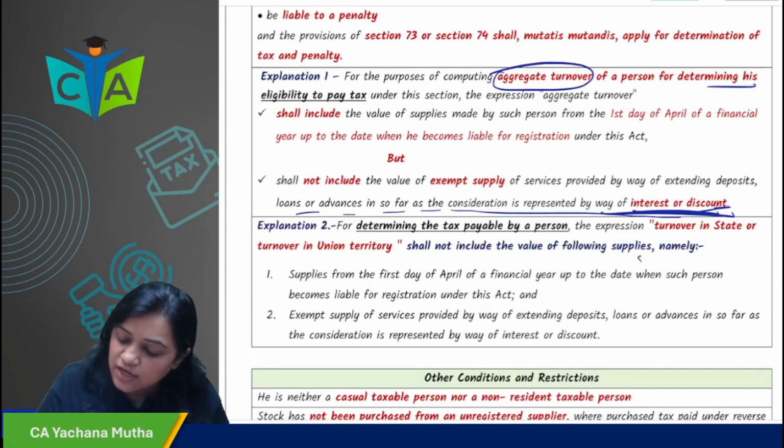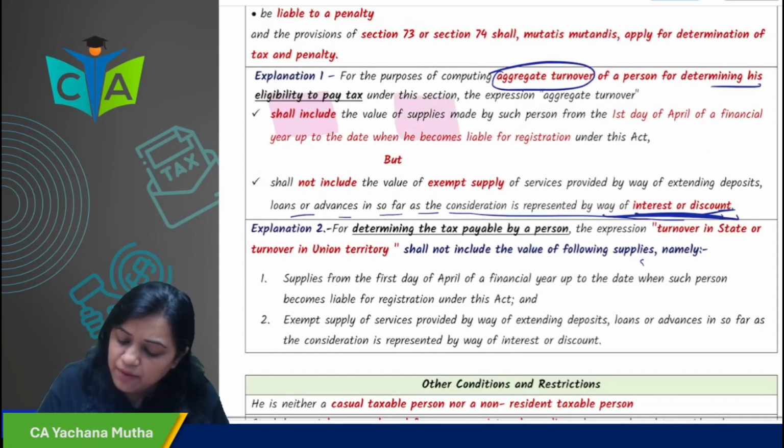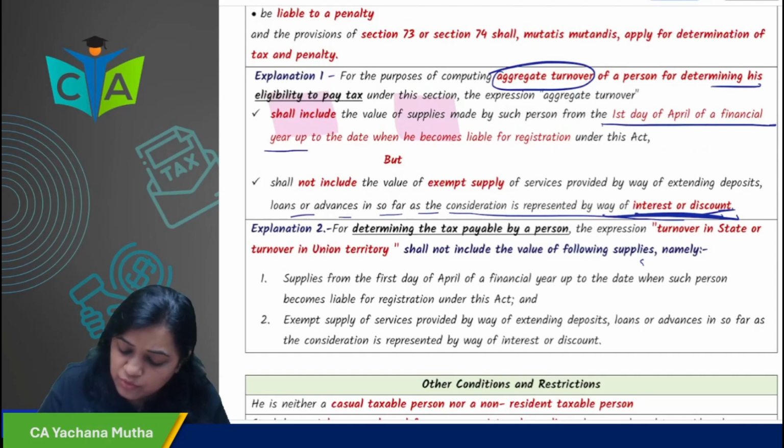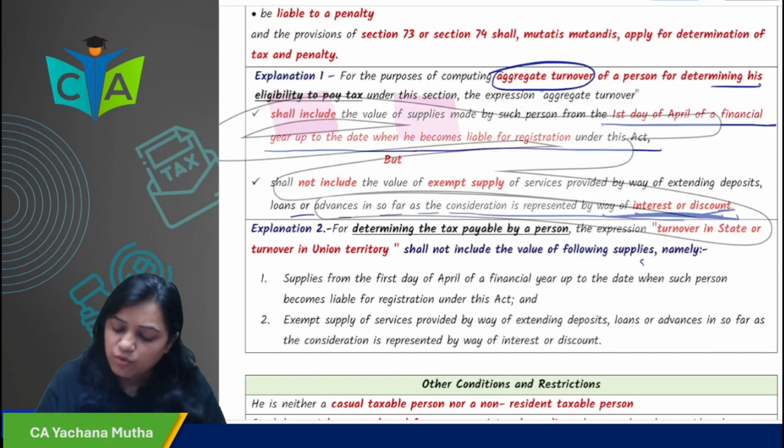Next, what it shall include? It shall include value of supply made by the person from first day of April of the financial year up to the day when he becomes eligible for registration under this section. So what does it say?